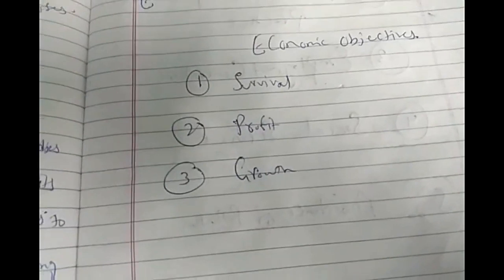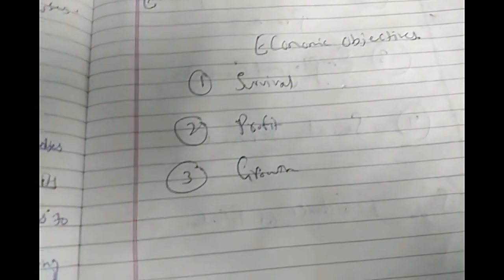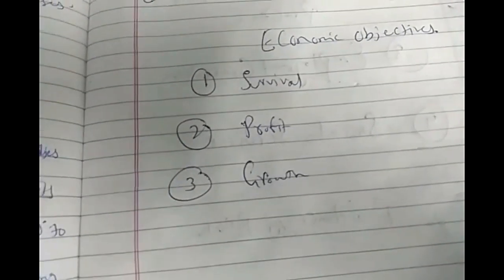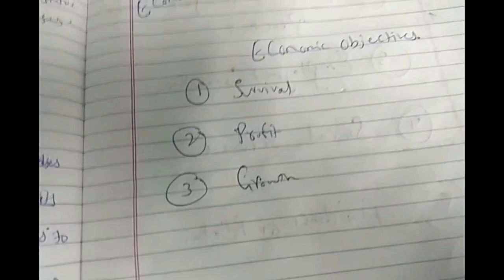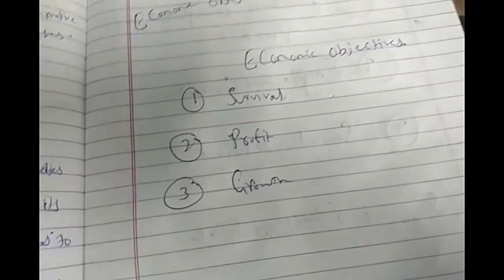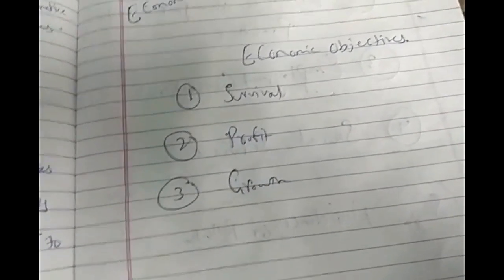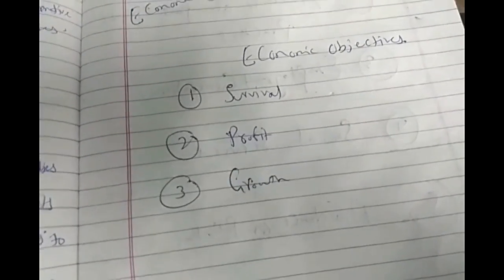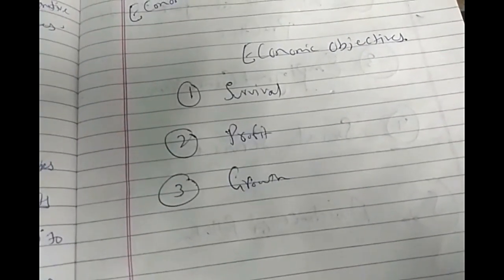That I have told you, the main objective of every businessman is to earn more and more profit. Profit earning is the important part of every businessman, because survival and growth are based on profit. If the person is earning more and more profit, or continuous profit, then he is able to survive in the competitive market.